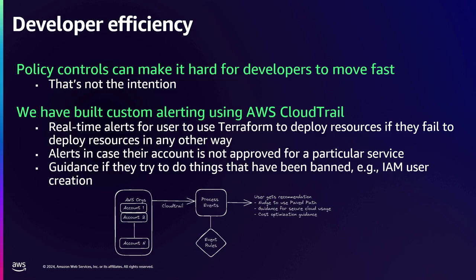We can tell you why that was denied, how we want you to create an S3 bucket, using CloudTrail and just our processing of the event. This helps us nudge people onto the paved path, guide people toward secure cloud usage. Also, it helps us with cost optimization. If they're doing something expensive, which we don't want them to do, we can also push them to do the right thing.